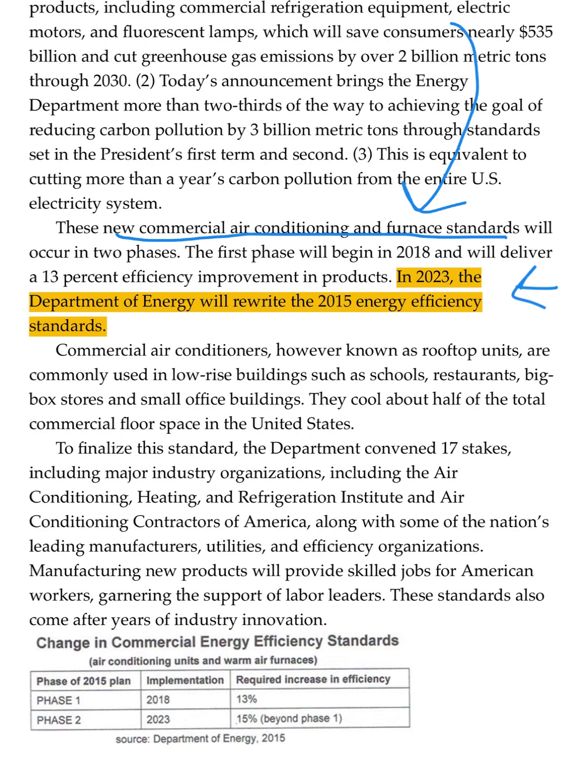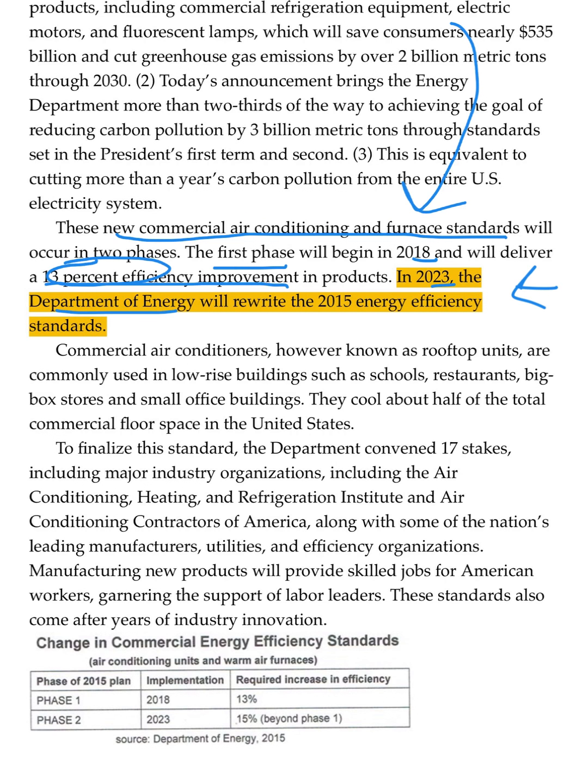The sentence just before talks about the first phase, in which these standards will deliver 13% efficiency improvement in products, and then the highlighted sentence says, okay, 5 years after 2018, in 2023, the Department of Energy will rewrite the 2015 energy efficiency standards. So the second phase isn't so much about a percent improvement as a certain action that the Department of Energy will take.